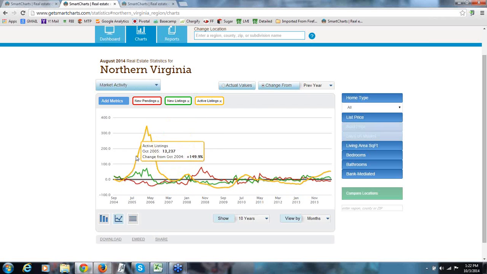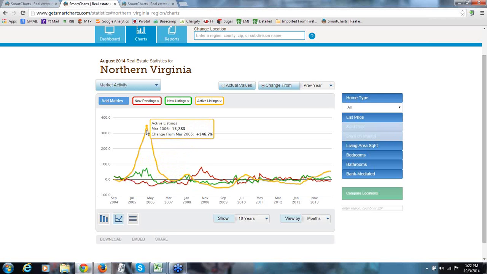And this red line is contract activity, and we can see year over year decreases of 28%, 25%, et cetera, back in 05, 06. And we can compare that to new listing activity, which was picking up at 50%, 36%, 43% year over year. Those two in combination are what led to this.